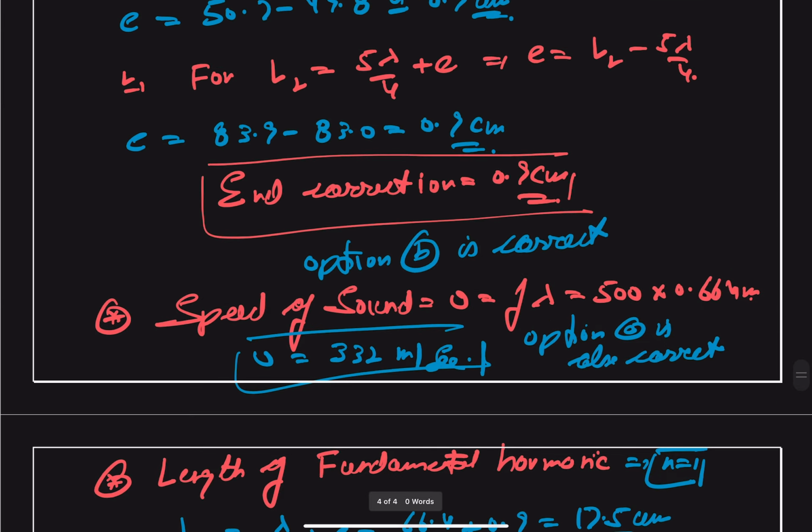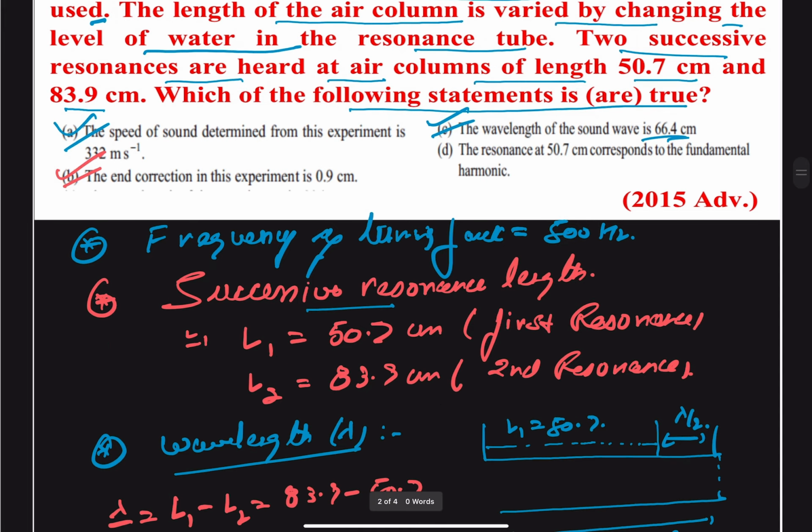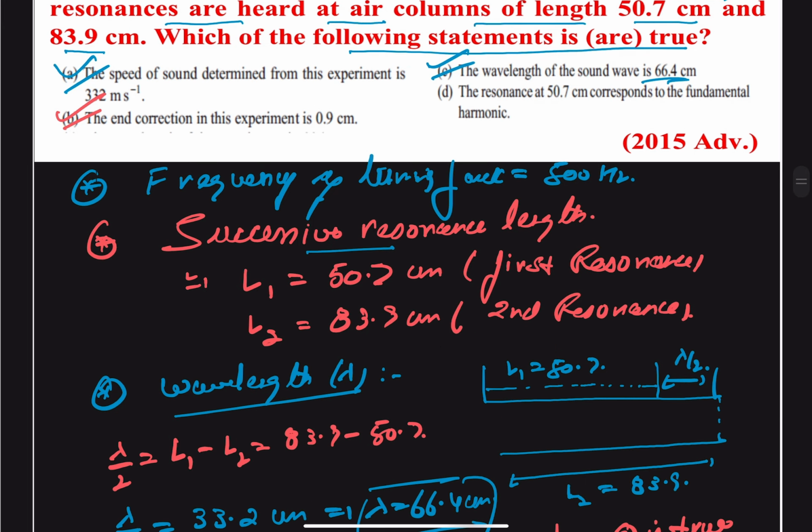The option given for the fundamental harmonic is 50.7. Obviously that is not for the fundamental harmonic, but that is the length for the third harmonic.